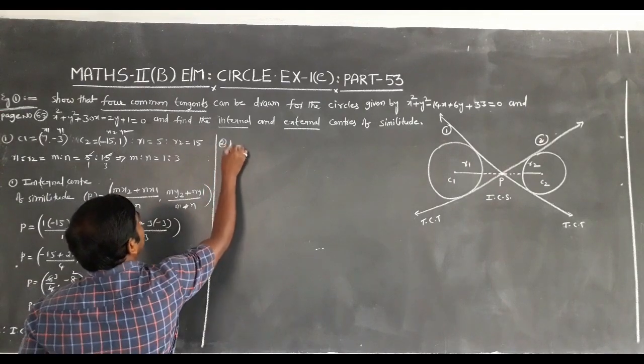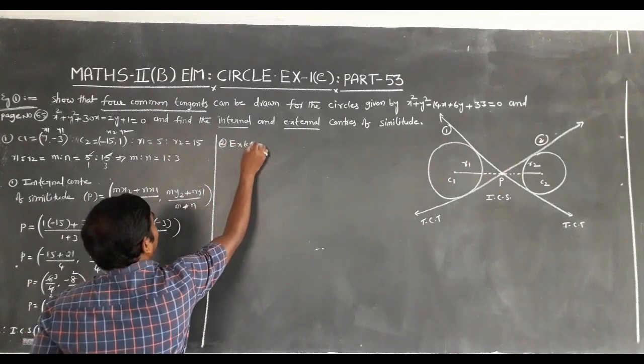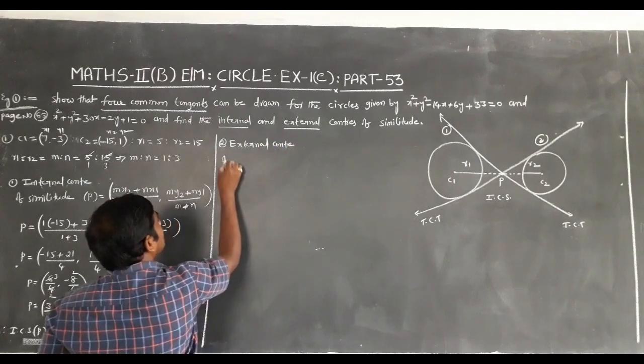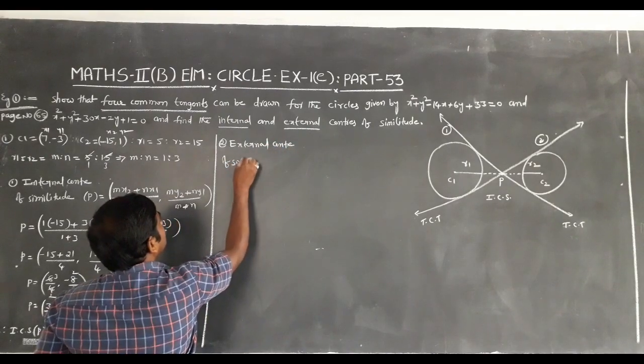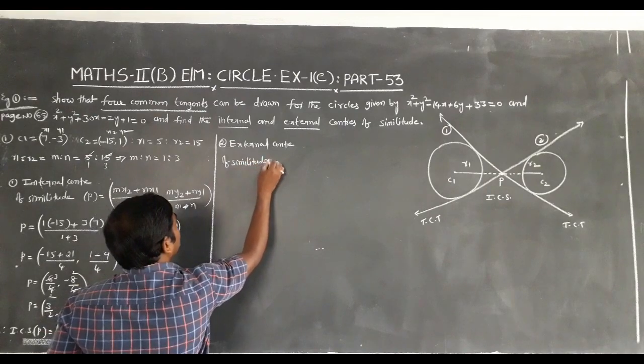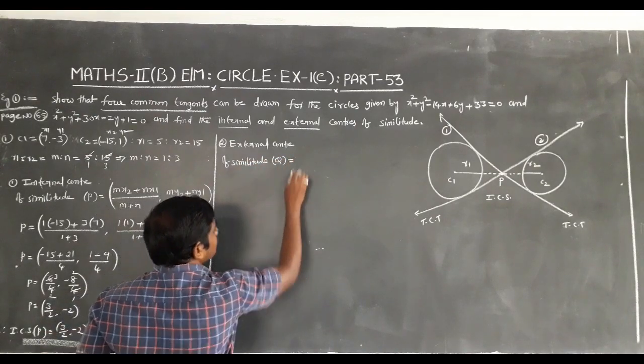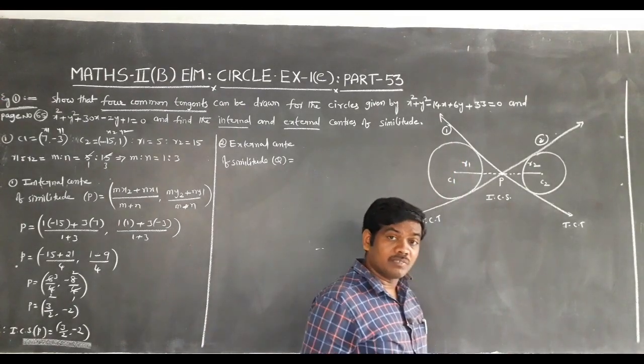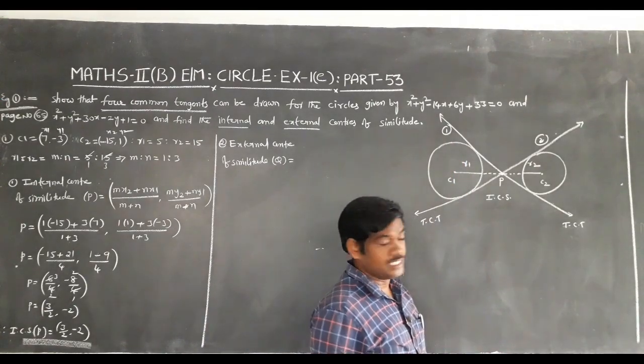Next one, external. External center of similitude means the point of intersection of the direct common tangents.